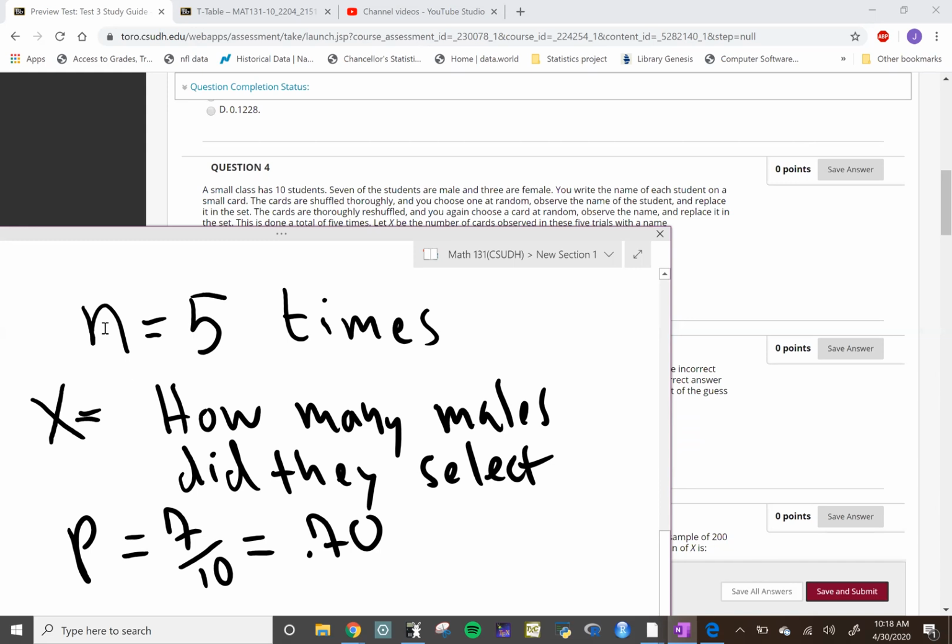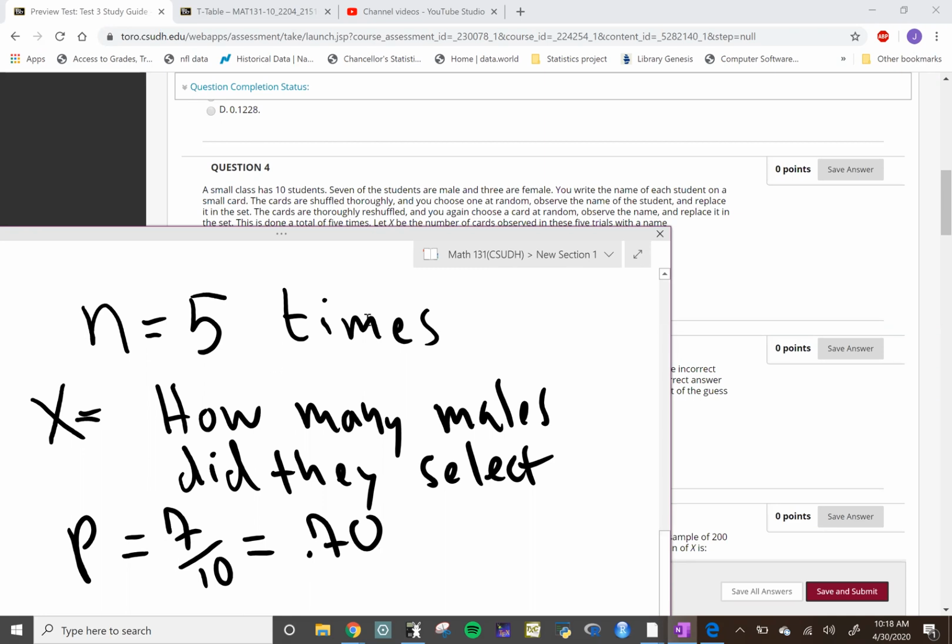And since you have a set number of trials, and because you have a probability of success and failure, where a success is if the name is a male name and a failure is if it's a female name, you have a binomial distribution, because it's either going to be a male or a female, and you're doing this 5 times.